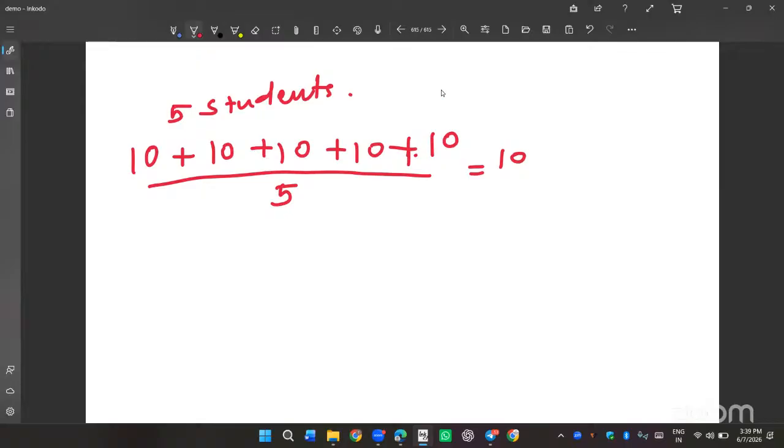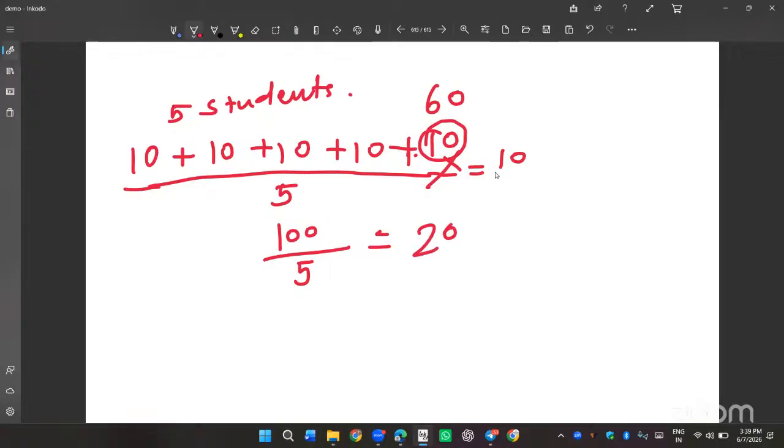One student has got 60 marks. Others 10, 10, 10. He is a very good student, so he has scored 60 marks. If it is so, then the total will be 100, this is 40, okay, 40 plus 60, 100. 100 divided by 5 is equal to 20. So average increased by 10.